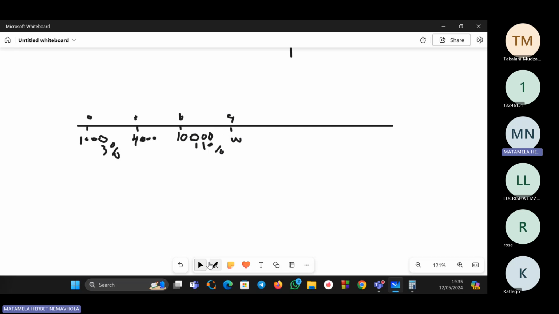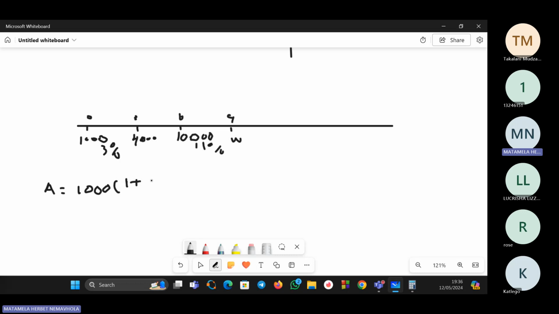So if I have to calculate how much I am going to have based on my timeline, which means the money that I will have is an accumulated amount, which I'm going to withdraw, then I have 1,000 in brackets 1 plus the interest rate, which I was given here, it was 3%.